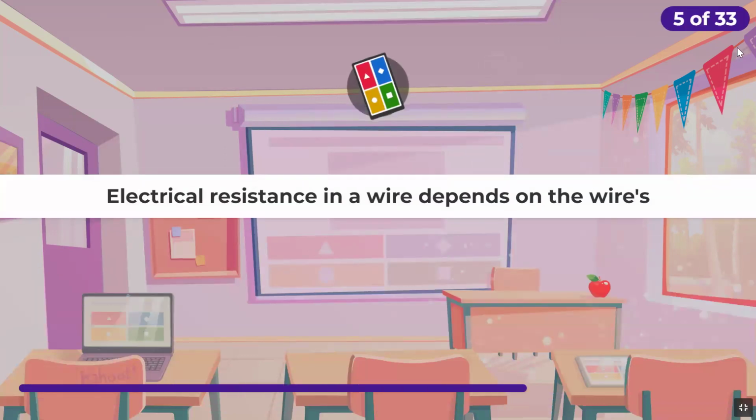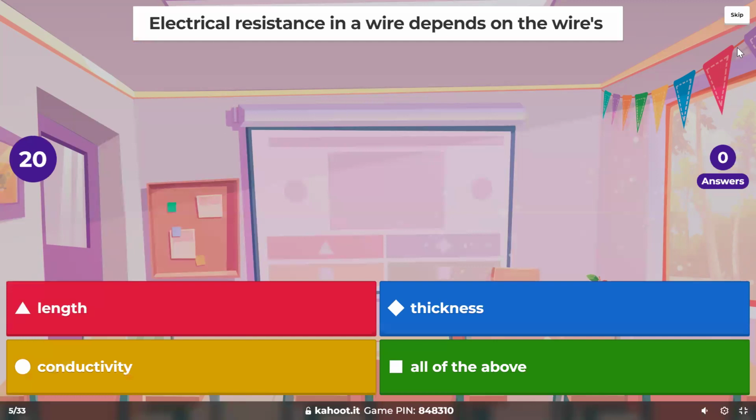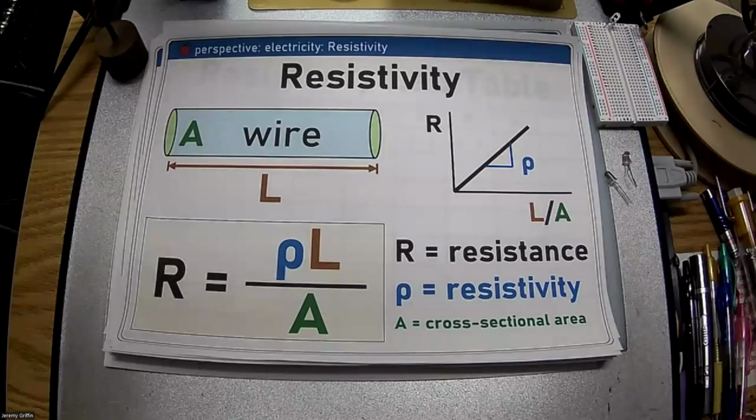Electrical resistance in a wire depends on the wire's... Ooh, this might be like tomorrow's lab. All right, here's the answer right here.